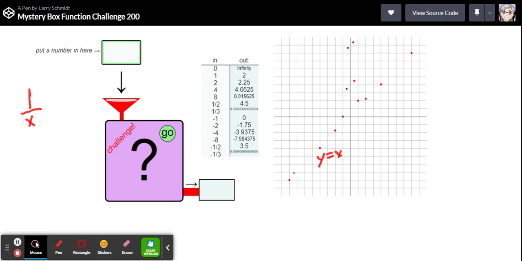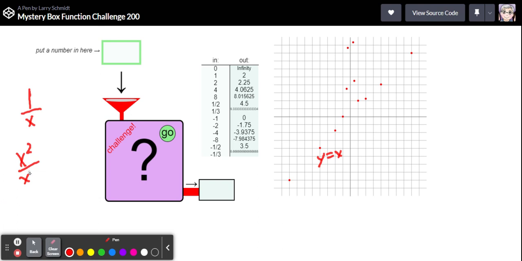Well, I think I'm going to start with the fact that there's a slant asymptote at y equals x. When you have a slant asymptote, and this definitely looks like that, you're going to have a power in the top that's higher than the power on the bottom. Think about x squared over x, but that would just simplify to x. So this would be the line without all this other stuff going on.